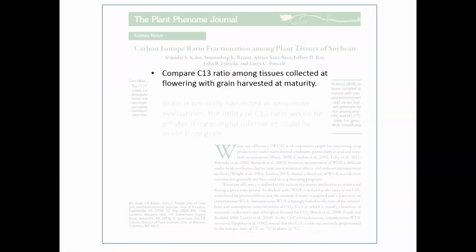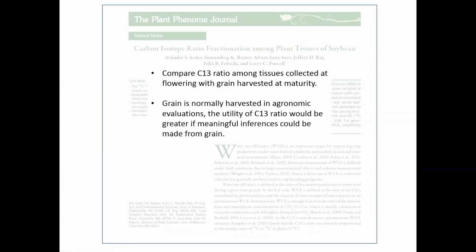The rationale for this was that in just about any agronomic evaluation, the grain is going to be harvested normally, and being able to use the grain as a source of the C13 ratio would improve the utility of looking at C13 ratio rather than having to take a separate sample at some point during the crop growth. So that's really the objective and the rationale for this research.